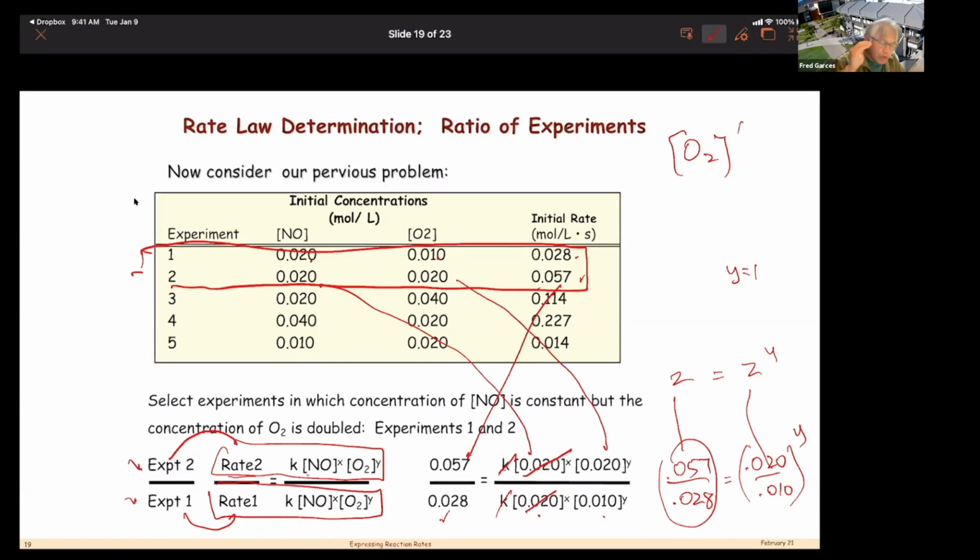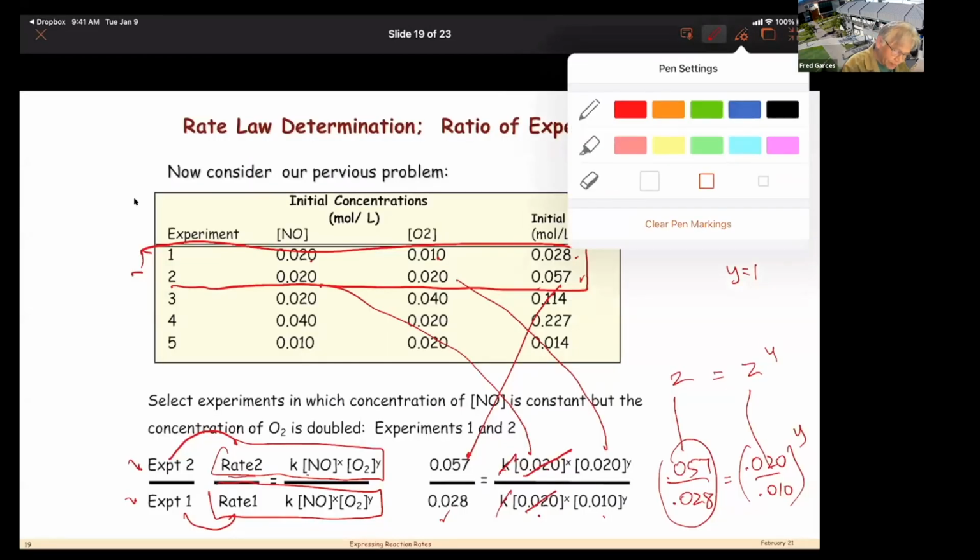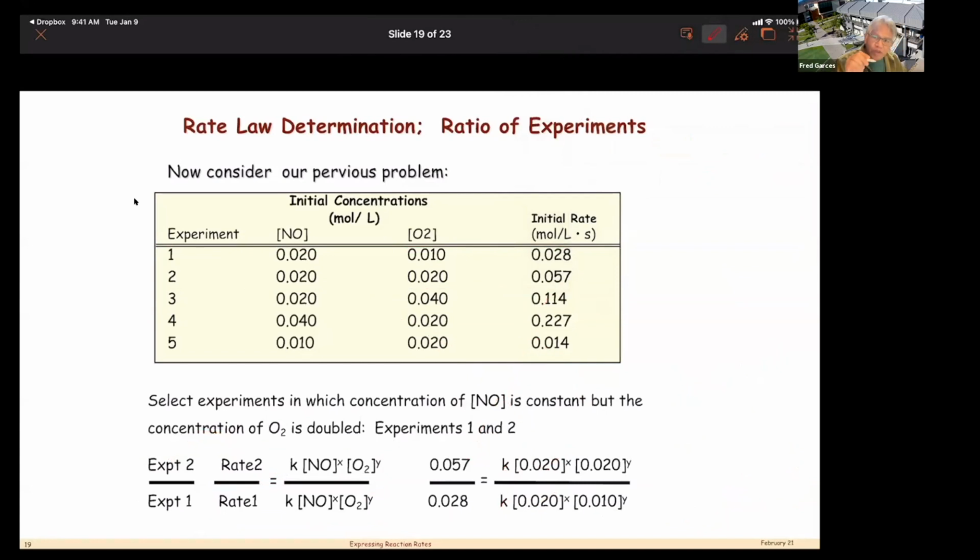But the way we determine X is we pick 2 experiments in which the oxygen now is constant. So we can pick these 2 right here because the oxygen is constant, or these 2, or these 2.